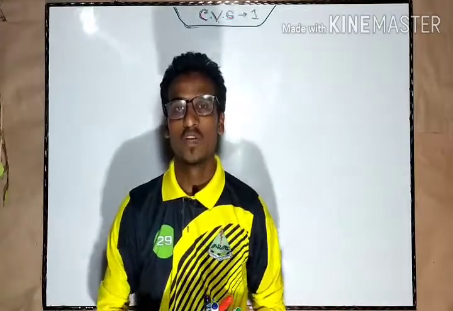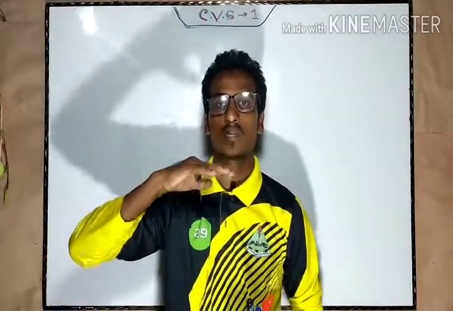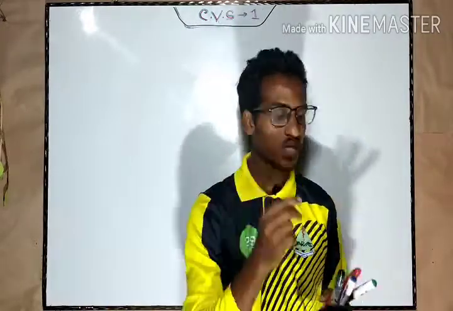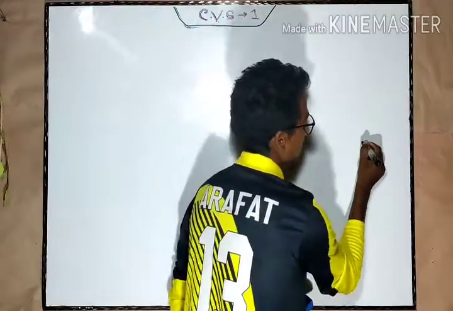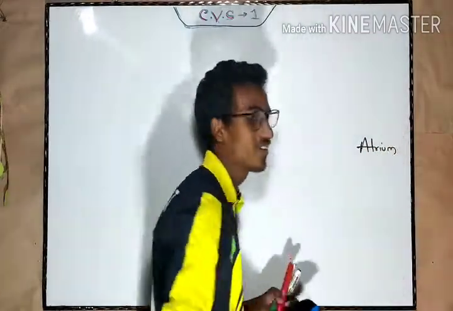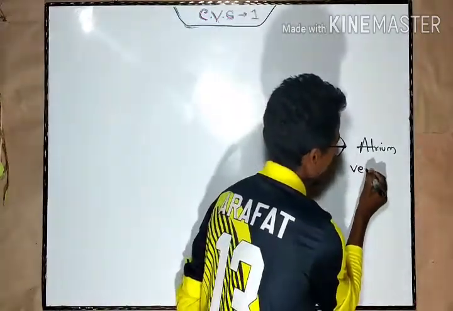The heart has 4 basic chambers, 2 upper chambers and 2 lower chambers. The upper 2 chambers are called the atrium and the lower 2 chambers are called the ventricle.